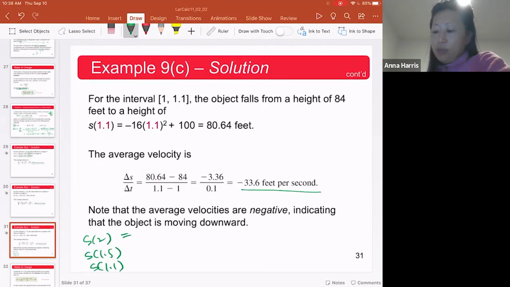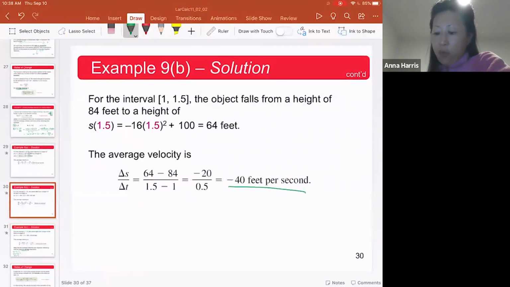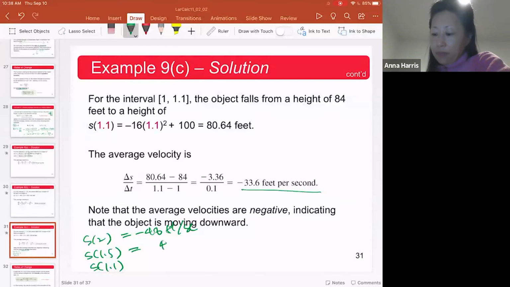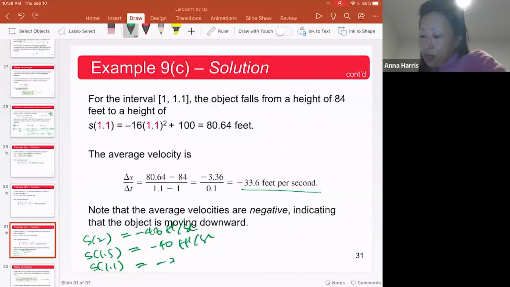The differences: this one was negative 48 feet per second, this was negative 40, and the other one is negative 33.6 feet per second. So what can you tell?